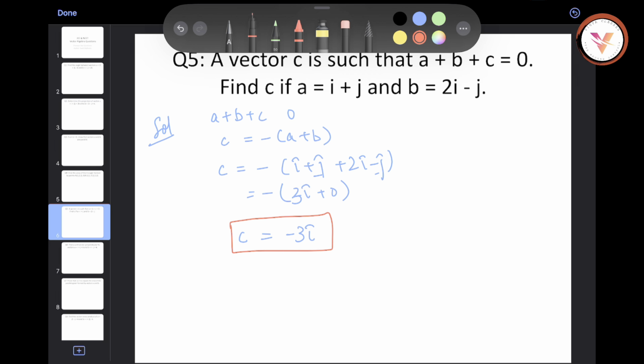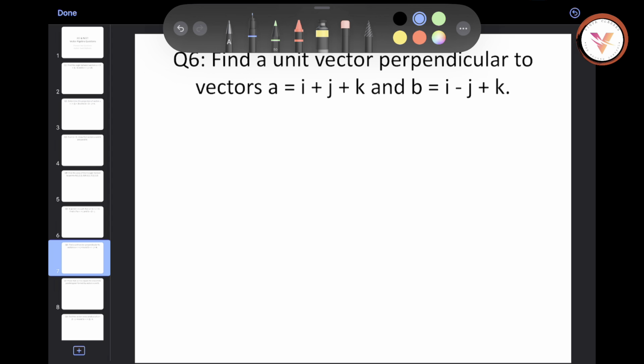It's a straightforward question. Next, find a unit vector perpendicular to these two vectors. If they need a perpendicular vector, then you have to find what? A C vector, which is a cross product of A and B. Only then it is perpendicular to both A and B. Then calculate A cross B. This A cross B is I cap, J cap, K cap.